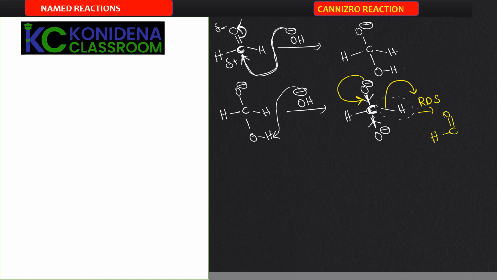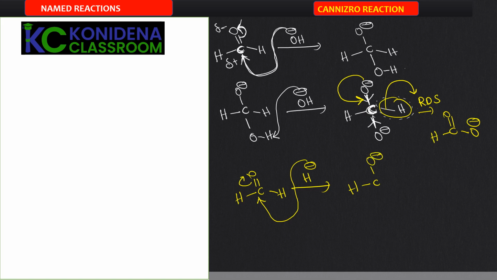This H minus attacks the other aldehyde group. After acidic workup, that is, donation of H plus ion, one converts into a carboxylic acid and the other into O minus.